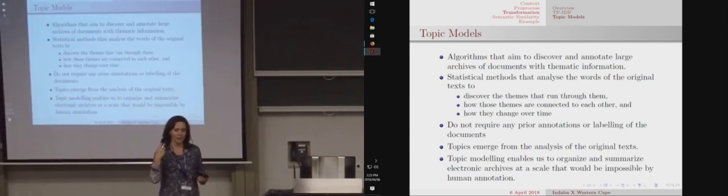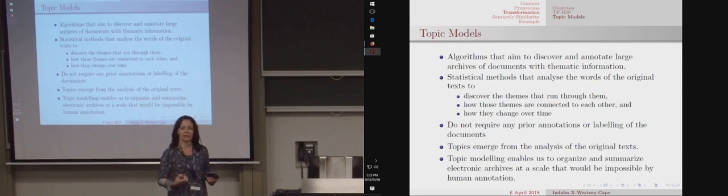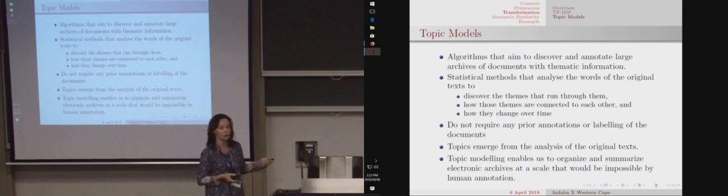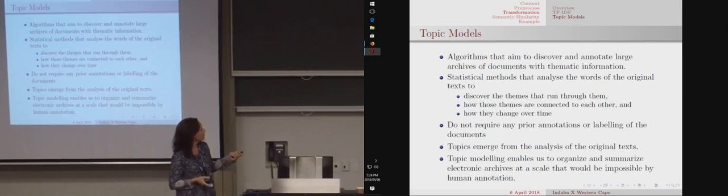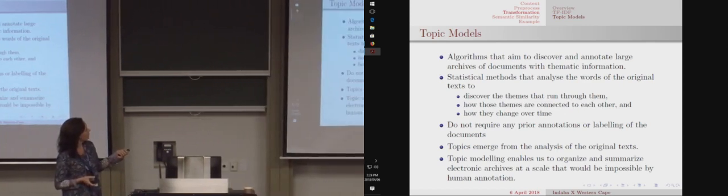And topic models aim to annotate and cluster those large corpora. So there are statistical methods that analyze the words to discover the themes that run through them, and I'll show you an example of that.